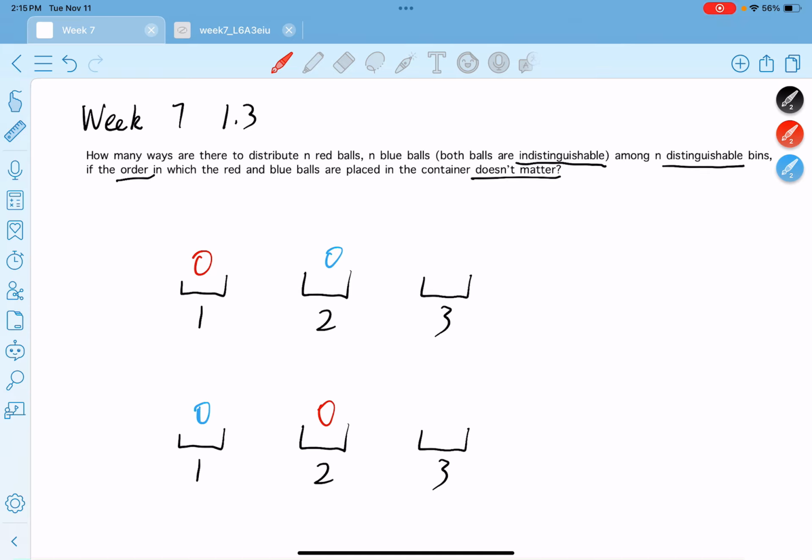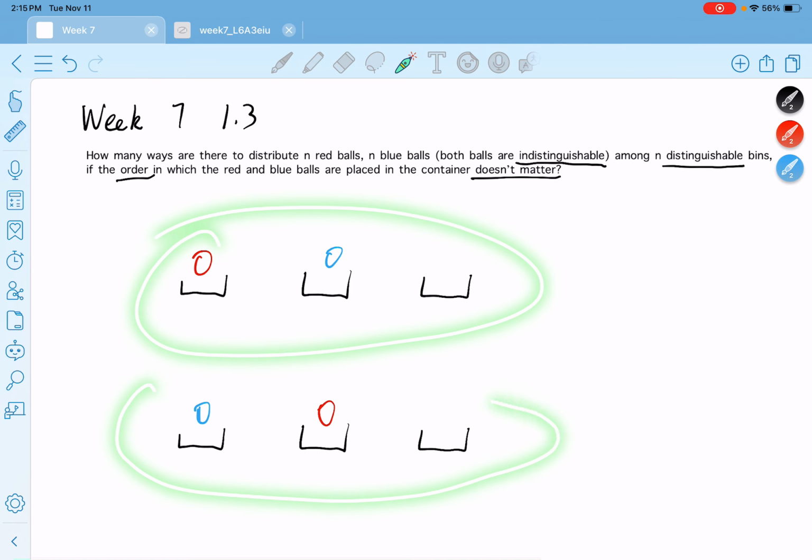In the indistinguishable case, we can arrange the bins in any way, and any of the arrangements should be seen as a single arrangement, because you are not able to distinguish bin 1 from bin 3. So these two combinations just look the same. This is the case when bins are indistinguishable.